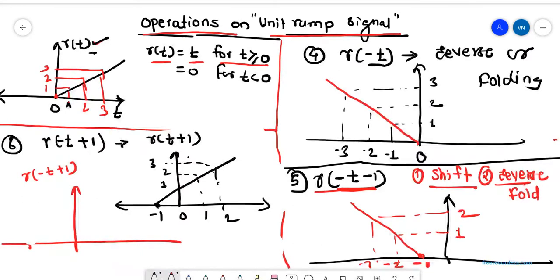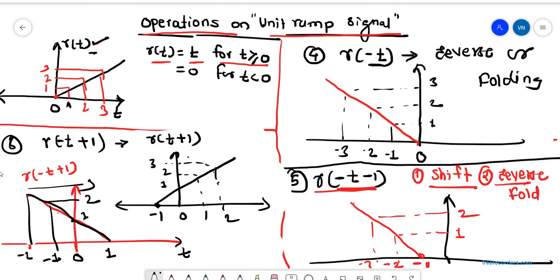Whatever the signal at minus 1, that signal will totally reverse, meaning the signal will be like this. Plus 1 having 0 amplitude, 0 having 1 amplitude, again 1 having 2 amplitude, minus 2 having 3 amplitude, and that step will be continuous.